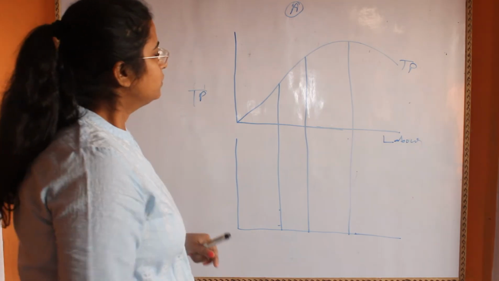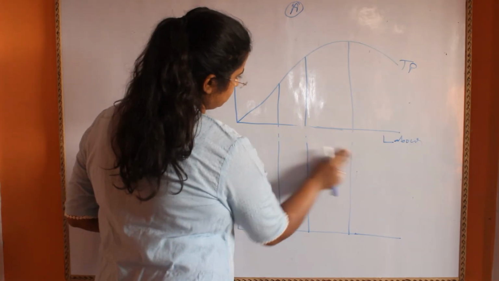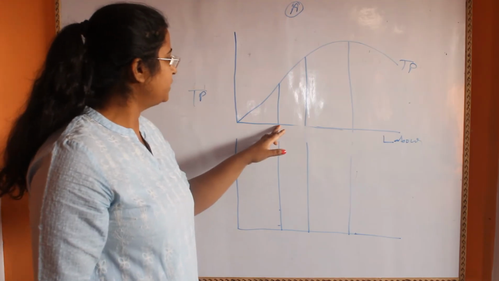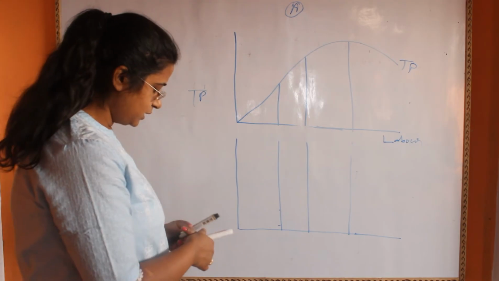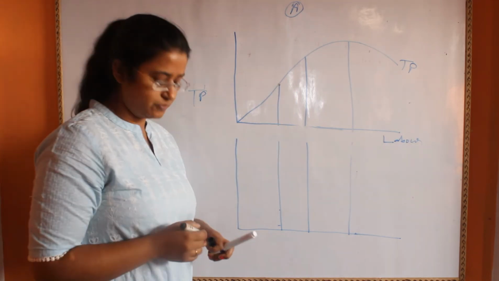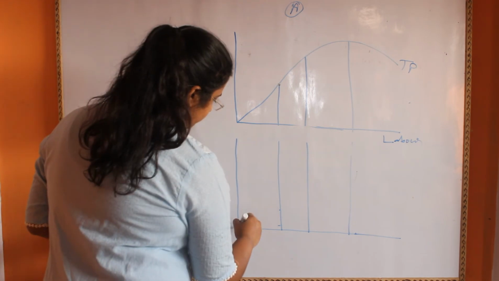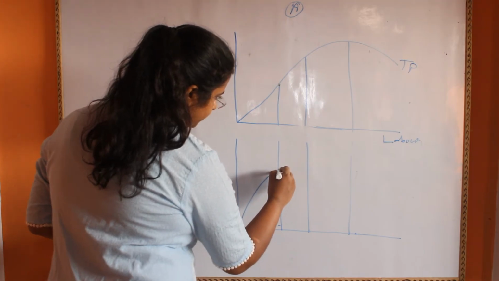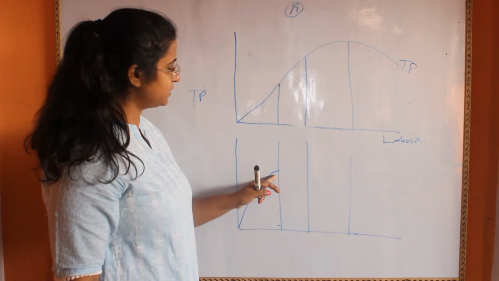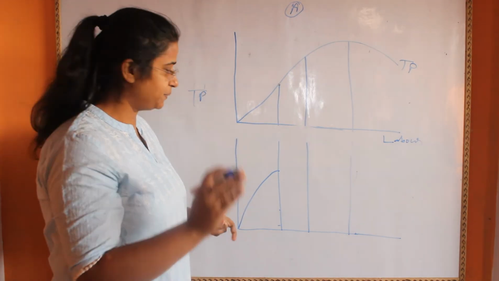Up to this point we can see that the total product is increasing at a very fast rate. Why? Because up to this point the marginal product is increasing, so the slope of the total product is very steep.